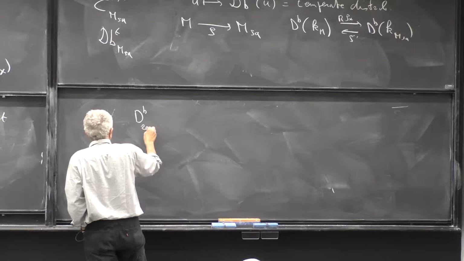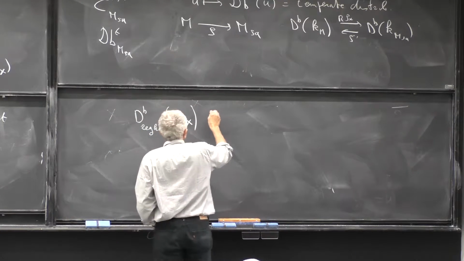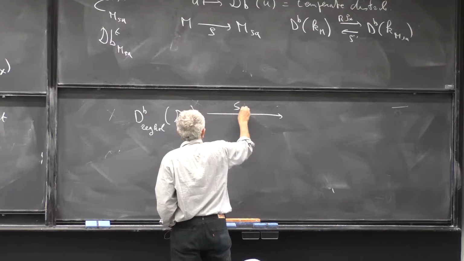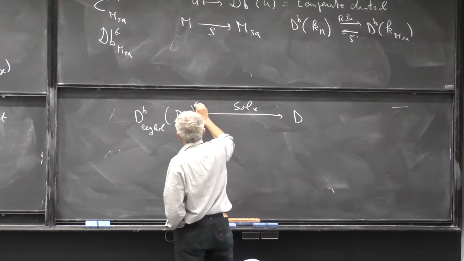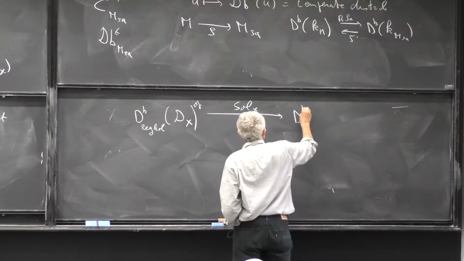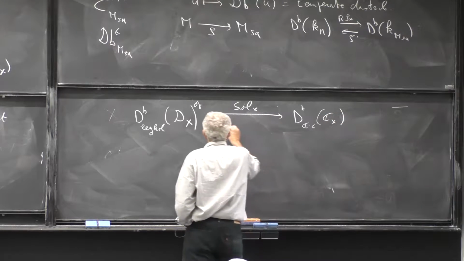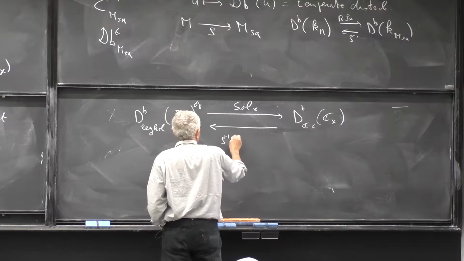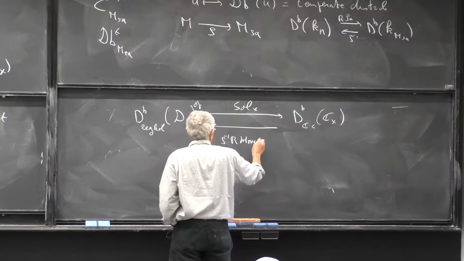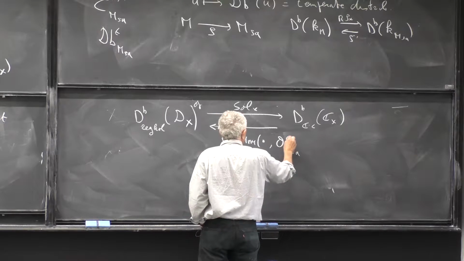We have dB reg of D X, Sol, and here we have rho minus 1 R Hom of dot, O X subanalytic temperate.